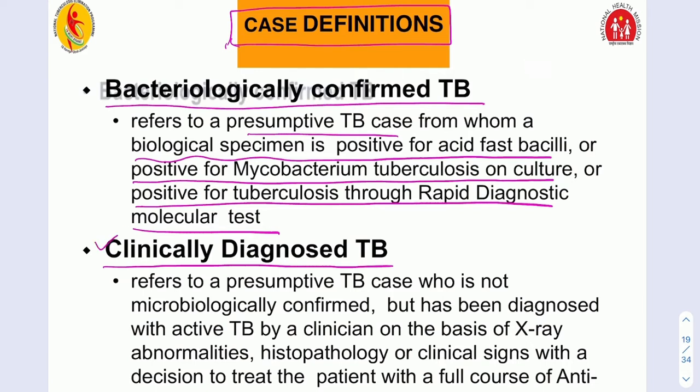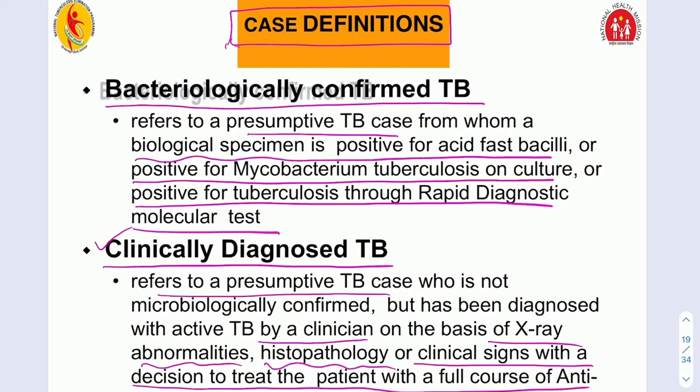So, clinically diagnosed tuberculosis refers to a presumptive TB case who is not microbiologically confirmed but has been diagnosed with active TB by a clinician on the basis of X-ray abnormalities, histopathology from the sample, or clinical signs, with the decision to treat the patient with the full course of anti-TB treatment.